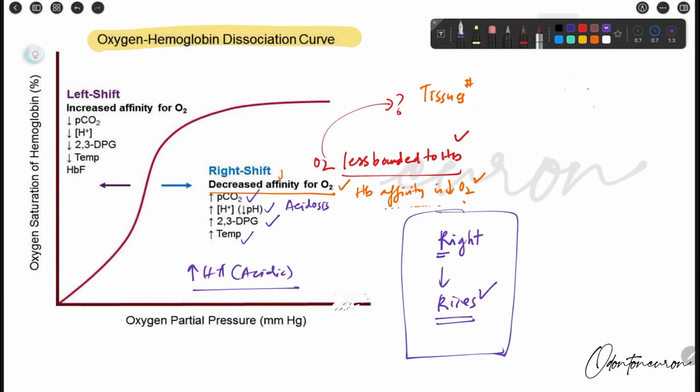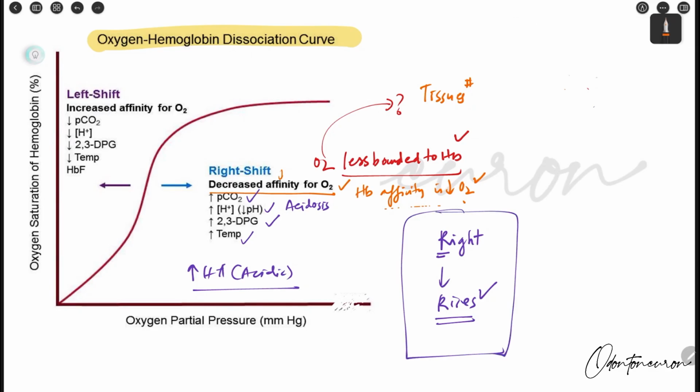Now, in contrast, what is left shift? When Hb has high affinity towards oxygen, that is known as left shift. When will this left shift happen? Fetal hemoglobin, HbF, and in the lungs you can see there is a left shift.